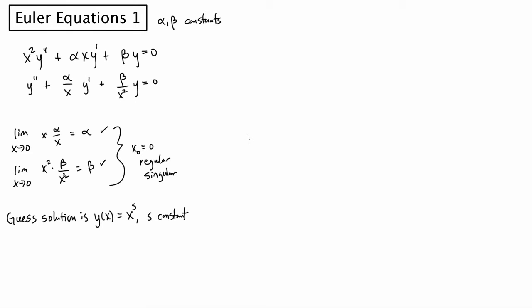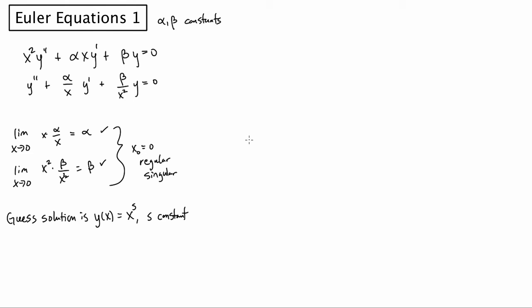We assumed that it was an exponential in that case, because when you take the derivative of an exponential, you get back an exponential. Here, when you take the derivative of x to the s, you get back a polynomial. And because we have polynomials for coefficients here, this makes a good guess at a possible solution.